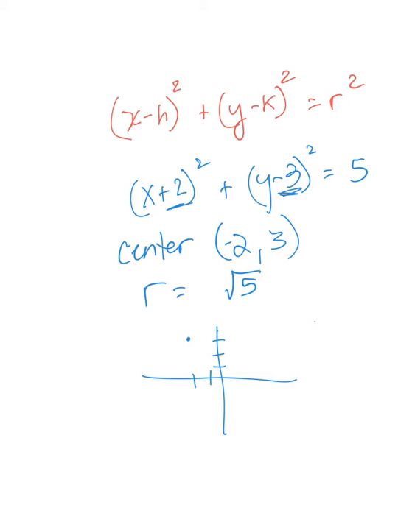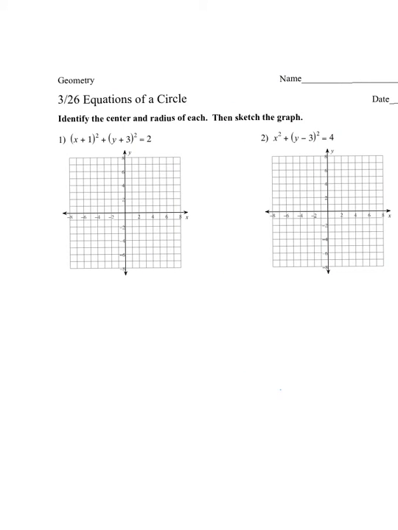And then we go a little bit over 2 to the left, a little bit over 2 to the right, a little bit over 2 up, and a little bit over 2 down. And we draw our circle, okay? So if the radius is square root of 5, that's 2.23. You count the blocks. 2 blocks to the right, left, up, and down, plus a little bit more, plus 1/4 of a block.